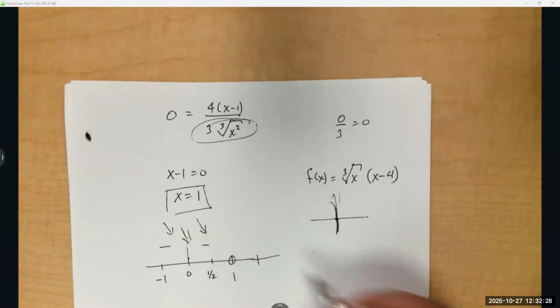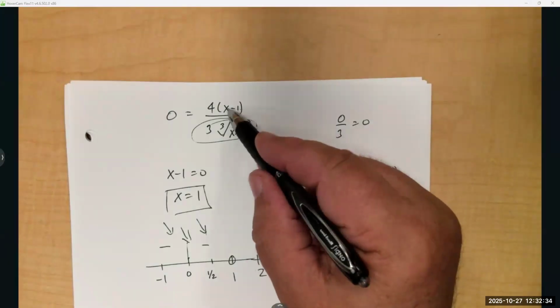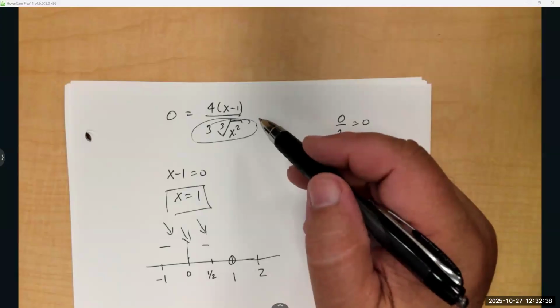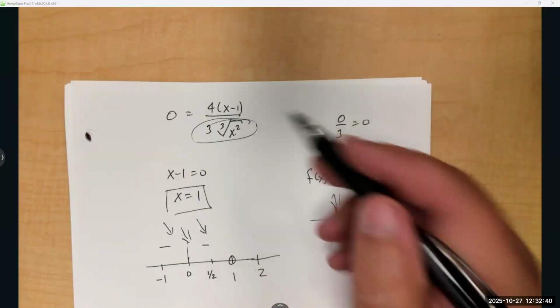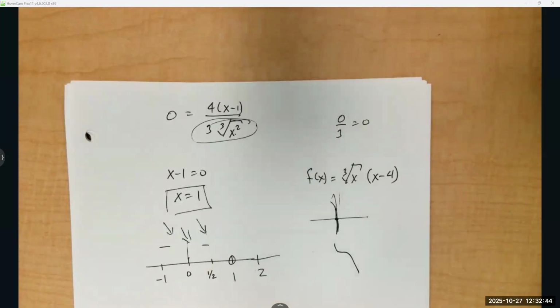What happens after 1? What happens at 2? Yes, it could be a continuous, consistently decreasing function. But that's why I always have to check it.